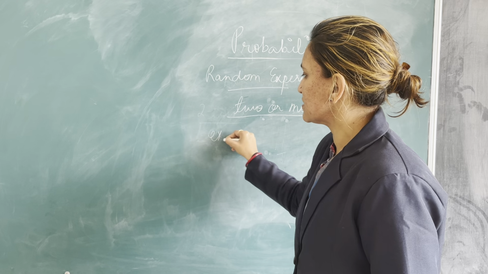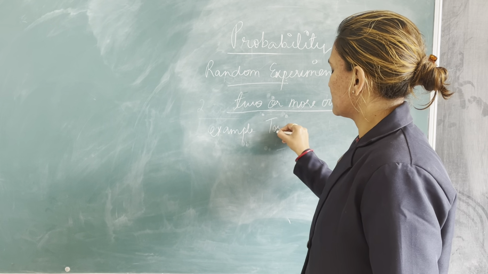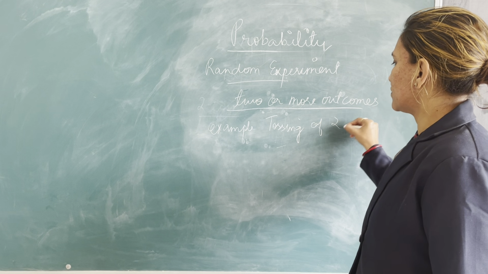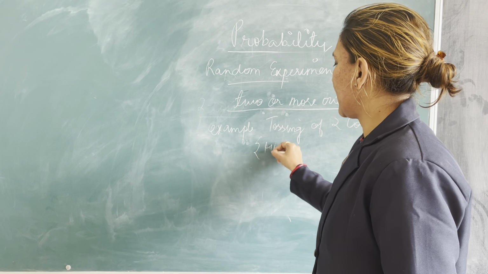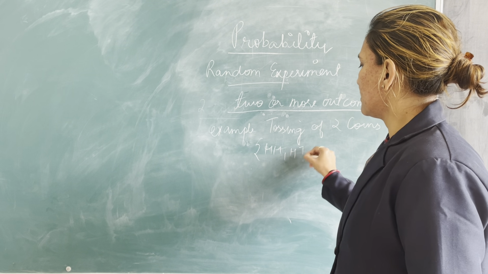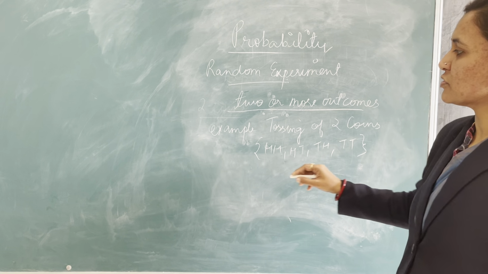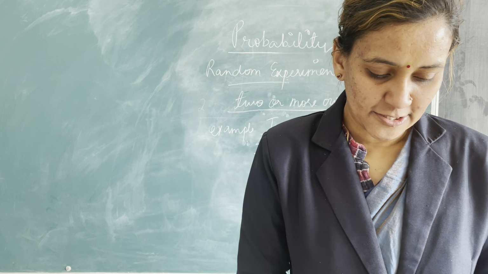Just now we discussed the example of tossing 2 coins, where the outcomes were head head, head tail, tail head, or tail tail. So this can be called a random experiment.